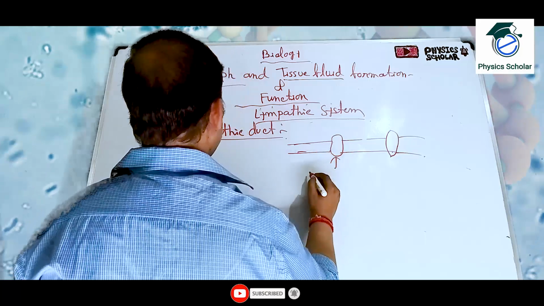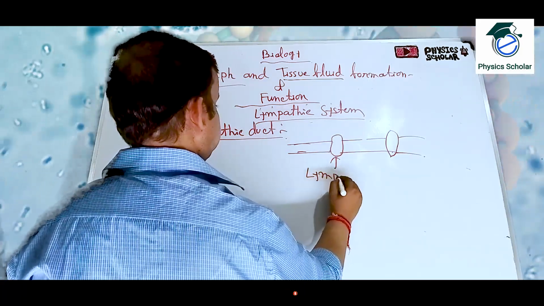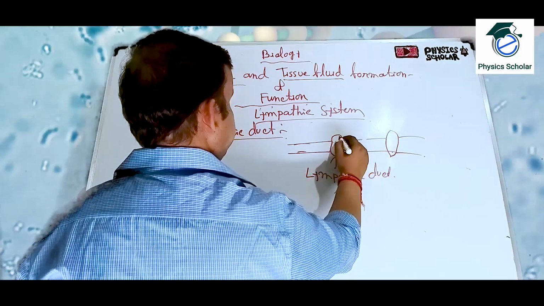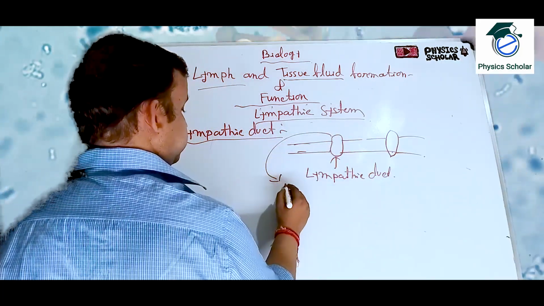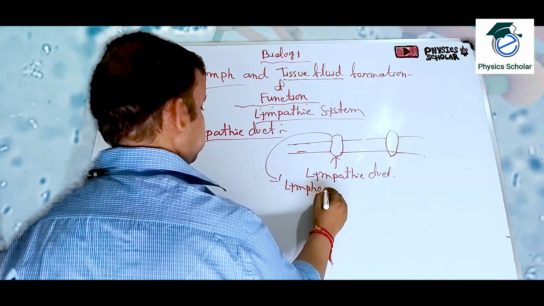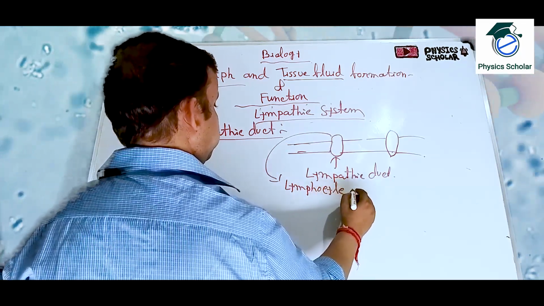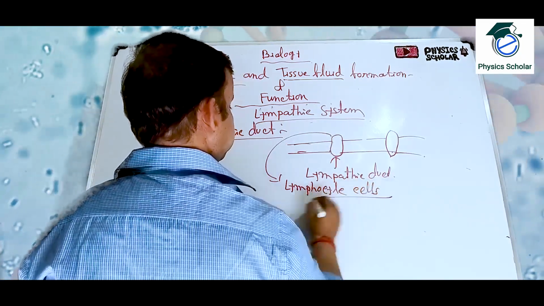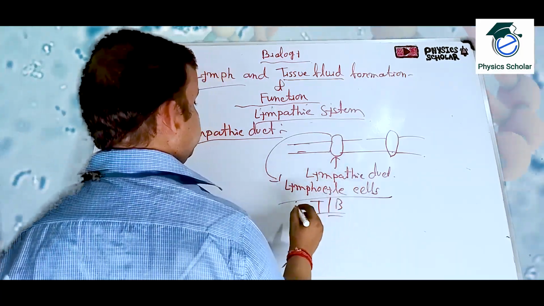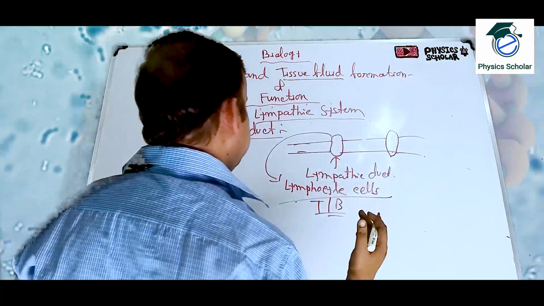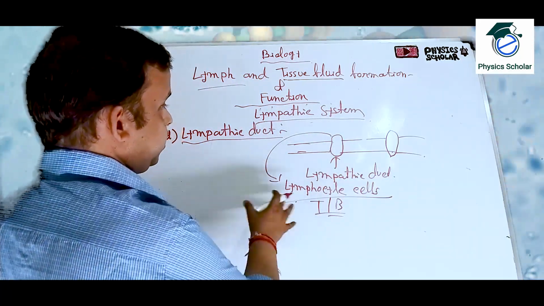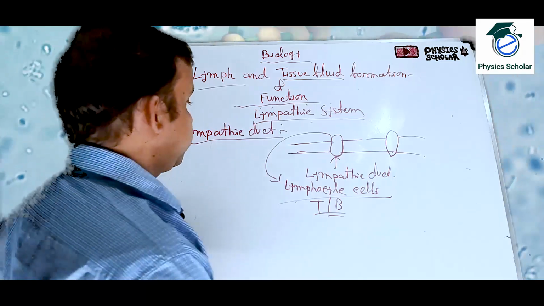This is known as the lymphatic duct. Basically it will generate lymphocyte cells, T or B type, which will destroy the harmful microorganisms that enter our body, clear?